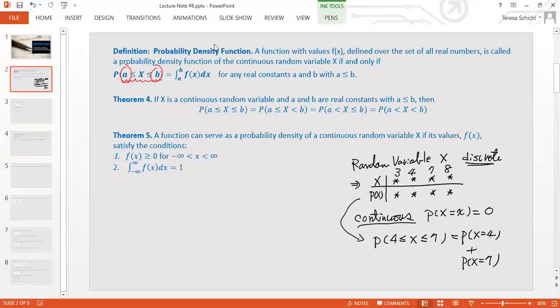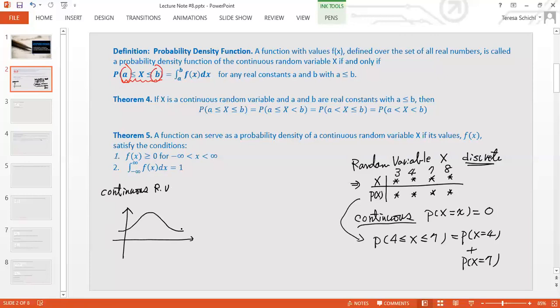Because of continuous random variables, I cannot make a table like this. If you find the probability distribution of a continuous random variable, it will be some type of curve.